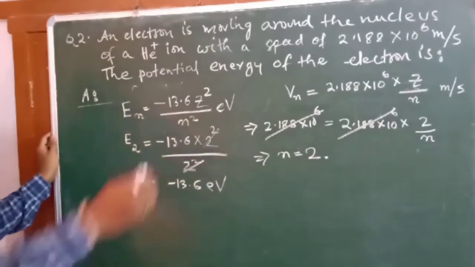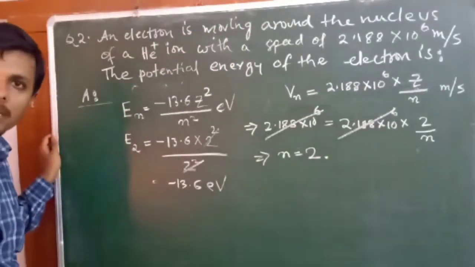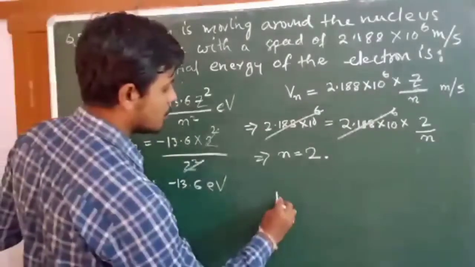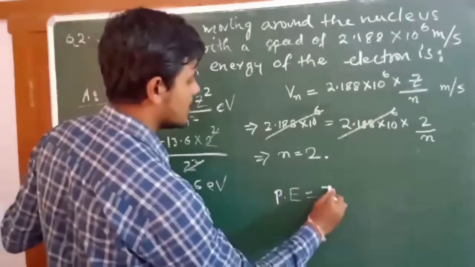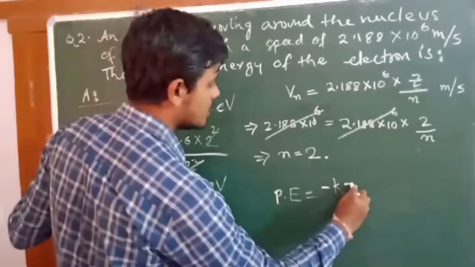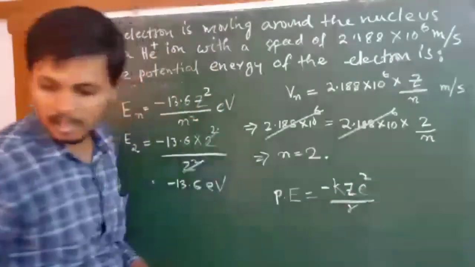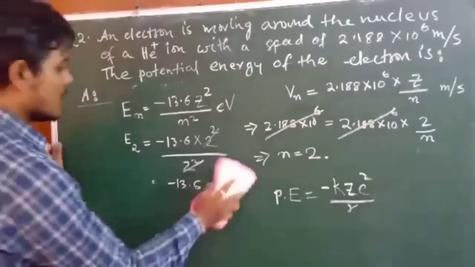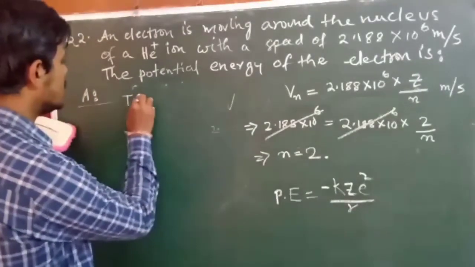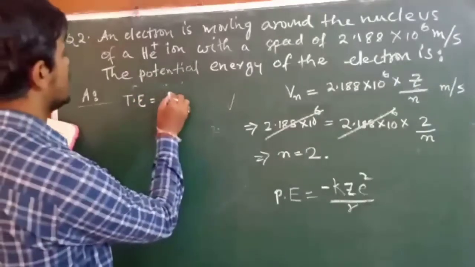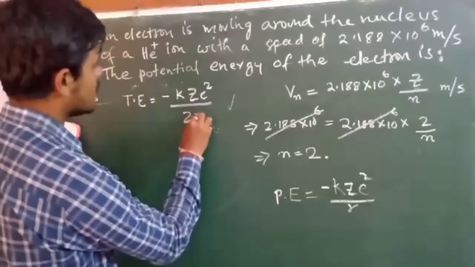Now the relationship between total energy and potential energy: potential energy is -kZe²/r, while total energy is -kZe²/2r.